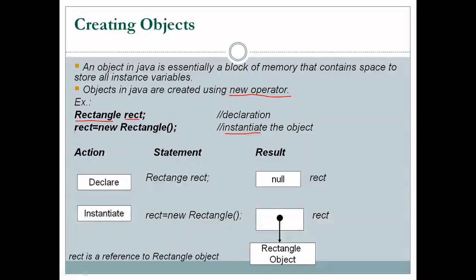In the instantiation, the object name, that is rect, which we declared in the earlier step, equals the new operator and then the constructor name Rectangle, again with round brackets open and close. So this is how an object is created in Java: first declaration and then instantiation.